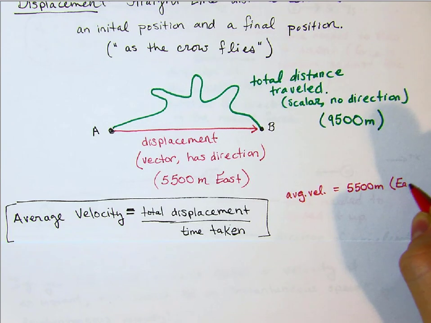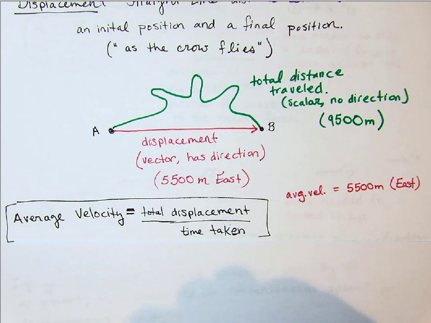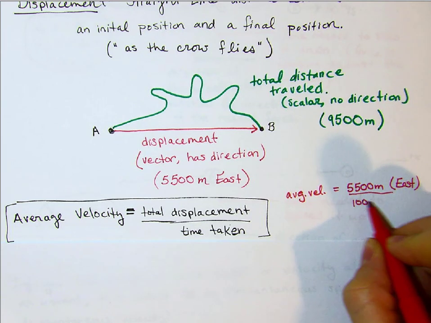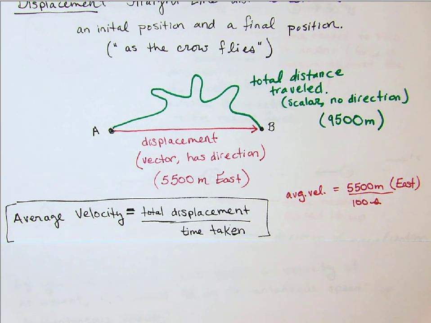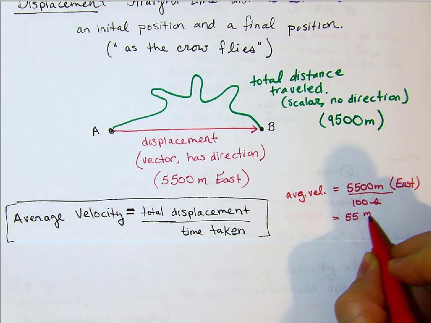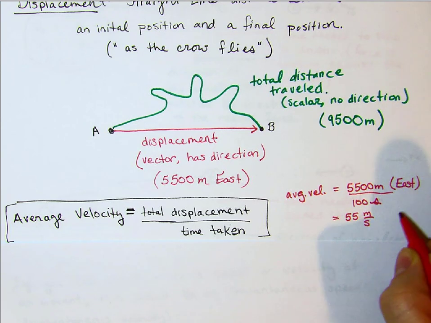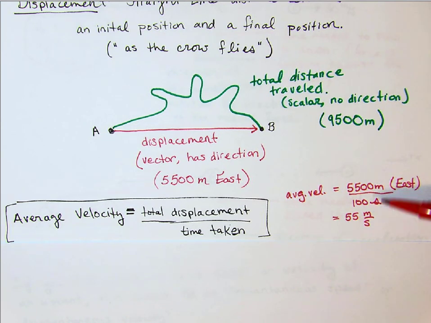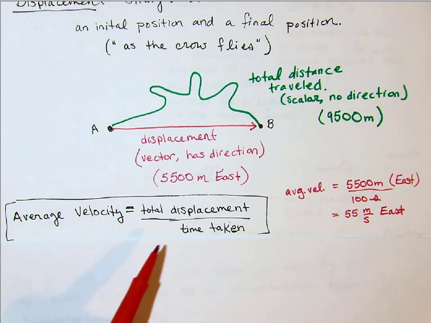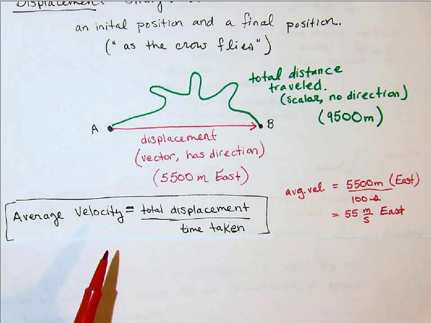I'm just going to put east over here in parentheses for a second, divided by the time taken, and I had picked a value of 100 seconds. So then we would end up with 55 meters per second. Just like how you had the units come down, the meters per second were kept and you rewrite them. Do the same thing with the direction. Just bring it down.